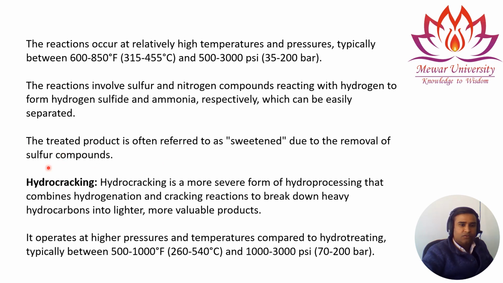Now coming to the next type of hydroprocessing, which is hydrocracking. Hydrocracking is a more severe form of hydroprocessing that combines hydrogen and cracking reactions to break down heavy hydrocarbons into lighter, more valuable products.